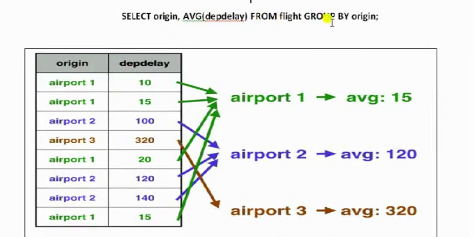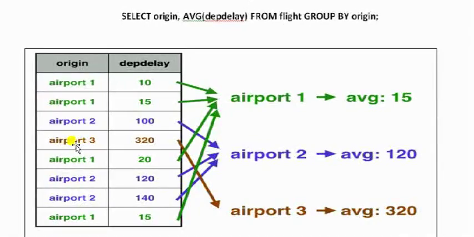And grouping the origin, all the common values of the origin field are grouped together. So what are the common values? You see, airport 1, airport 2, all the airport 1s are grouped together, airport 2s are grouped together, and there is airport 3.